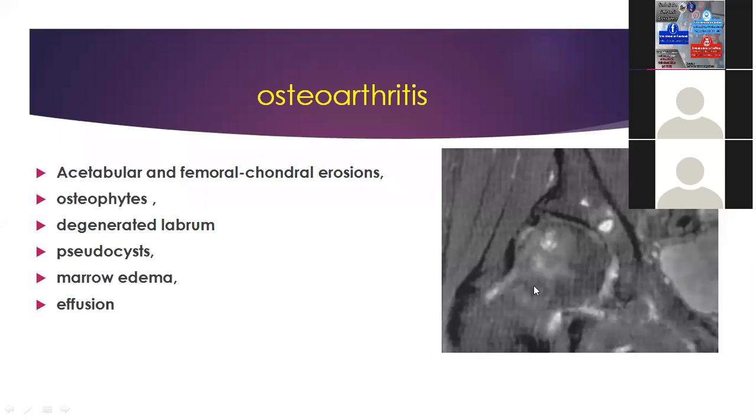All those manifestations can be seen: subchondral cysts, abnormal marrow signals, the irregularities and the ill definition of the joint itself. You cannot see the cartilage, you cannot see the acetabulum. It's ill defined. The whole joint space is already obscured.